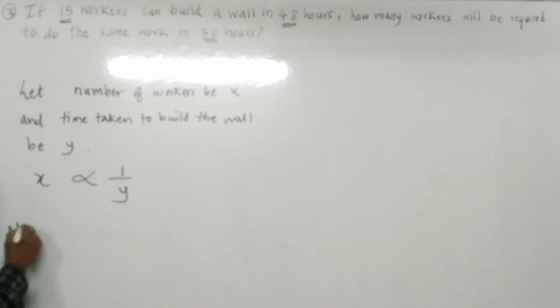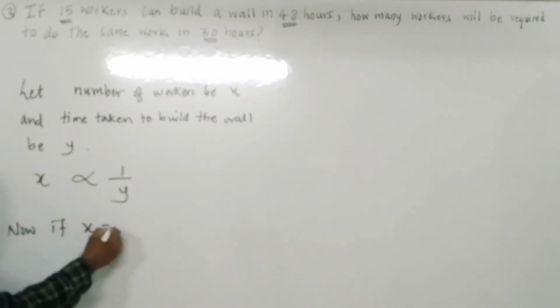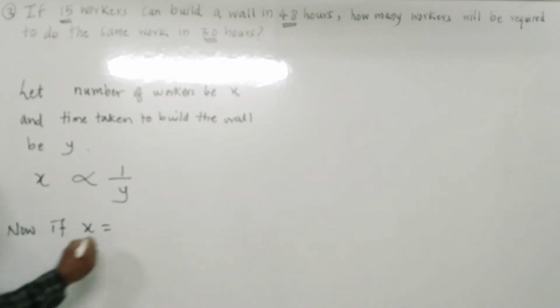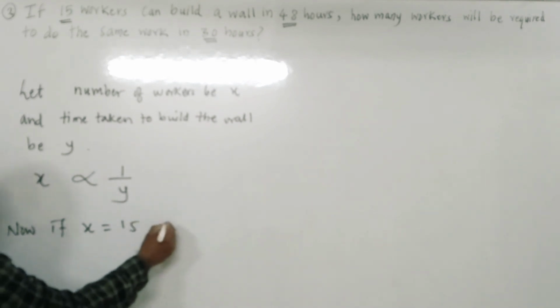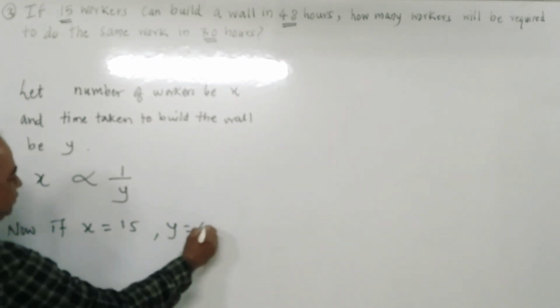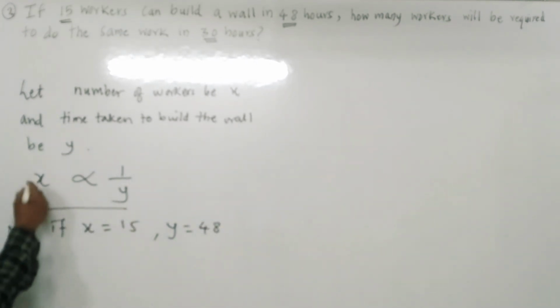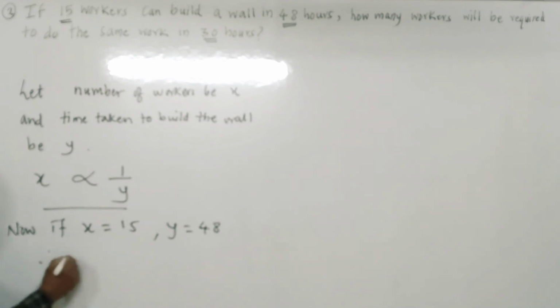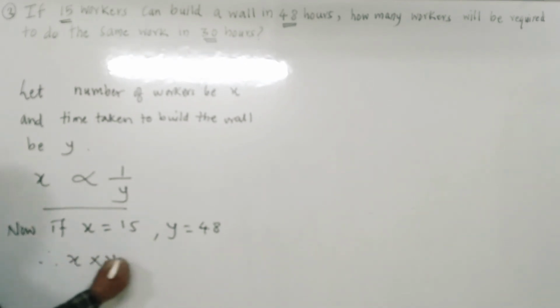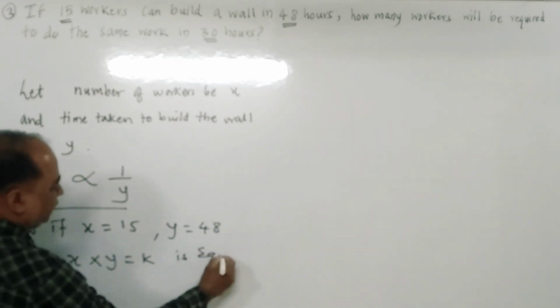Now if x is equal to 15, that is, the number of workers is 15, then the time taken to build that wall, y, is equal to 48 hours. Here x varies inversely to y, therefore x into y is equal to k, the equation of variation.